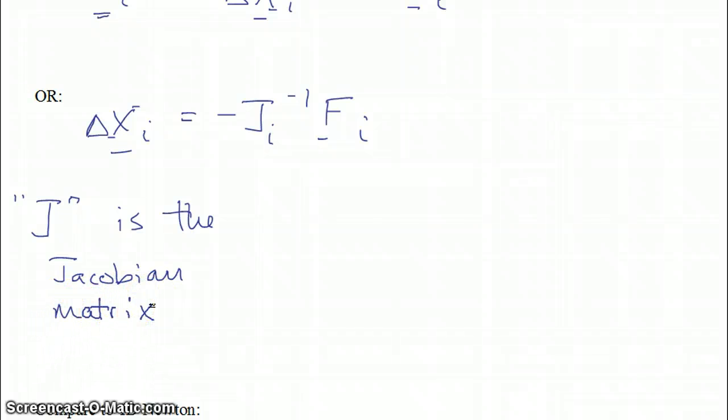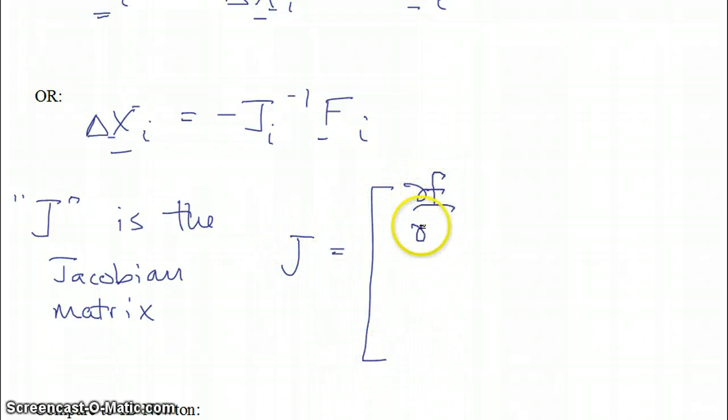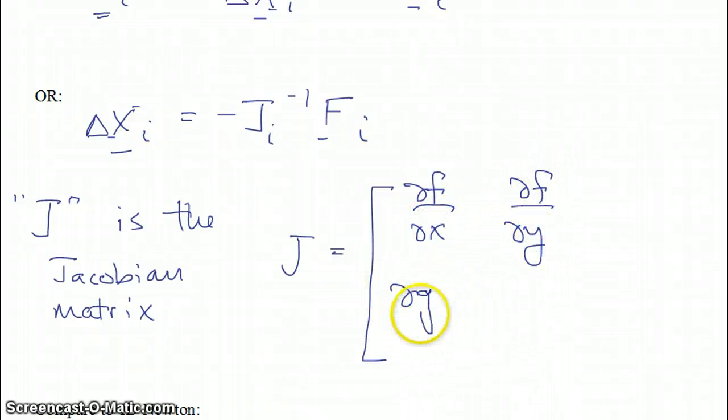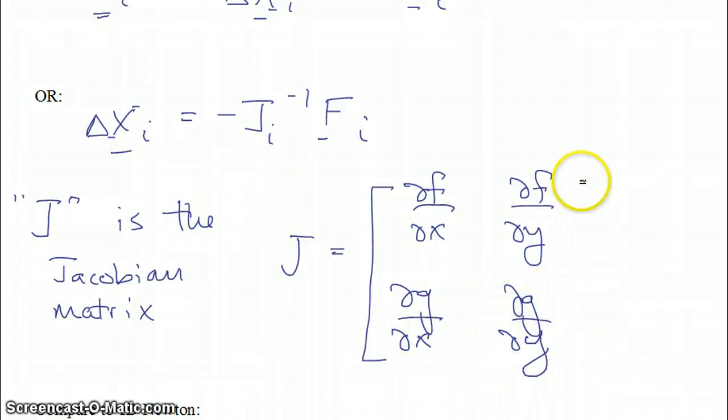All it is is a matrix full of first partial derivatives. So J in general is going to look like the partial of f with respect to x, partial of f with respect to y, partial of g with respect to x, partial of g with respect to y, all evaluated at xi, yi. And then you have your matrix here that you can then take the inverse of and then find your delta xi at each step.